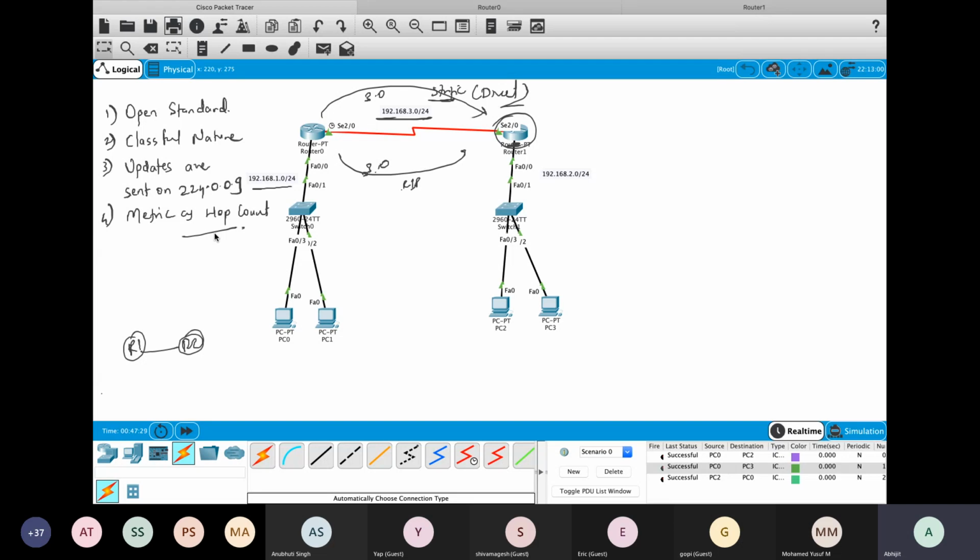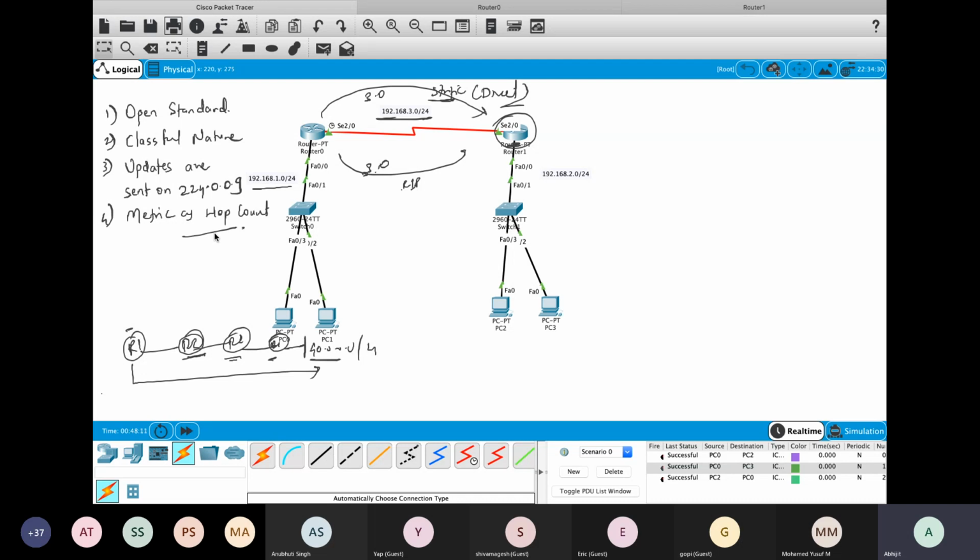Which means if I have a parallel connection like this, I have an R1, an R2, an R3, and an R4, and I want to reach a network over here, 40.0.0.0/24, from here. R1 will decide how many hops it needs to cross in order to reach the destination network, 40.0.0.0. R1 can reach R2, R3, and R4 by crossing 3 hops, so it can reach 40.0.0.0 via R2, R3, and R4.